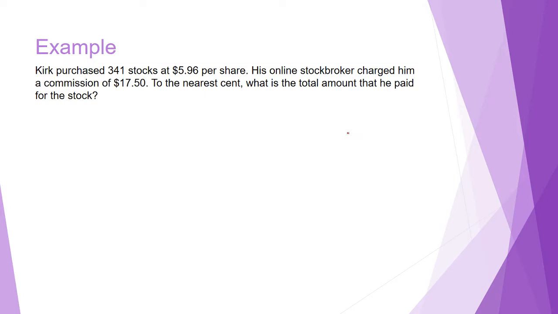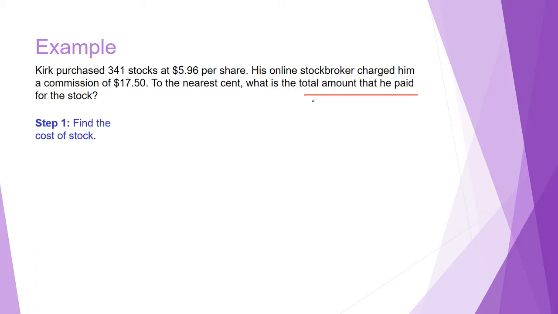Alright, let's try another one. This time, Kirk is the one purchasing stocks. Kirk purchased 341 shares at $5.96 per share. His online stockbroker charged him a commission of $17.50. So we want to find the total amount paid.